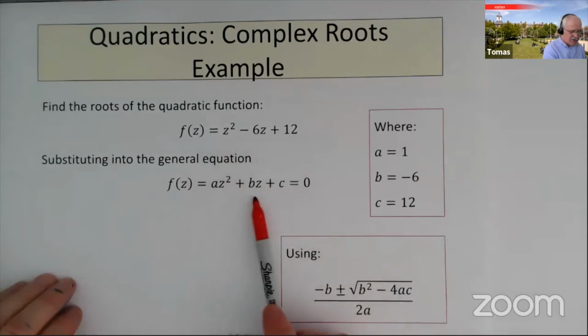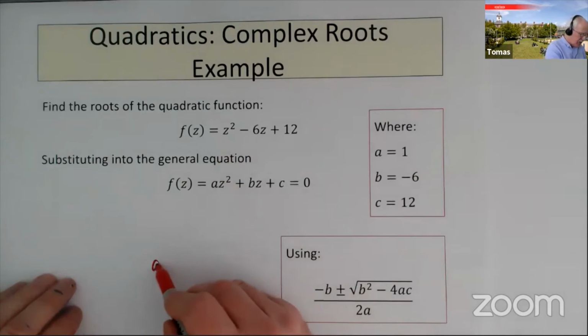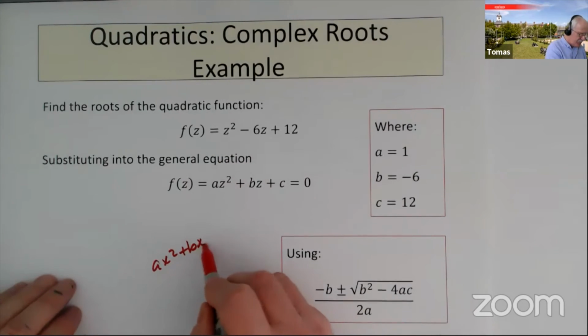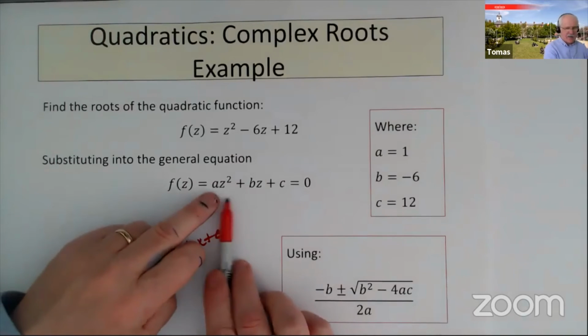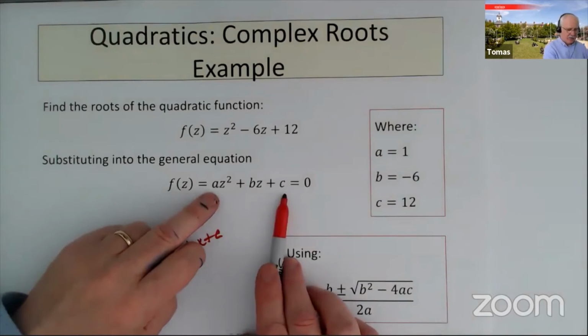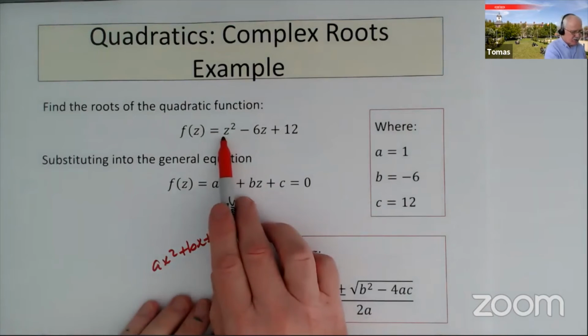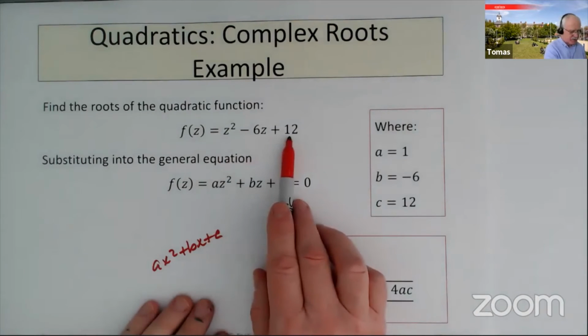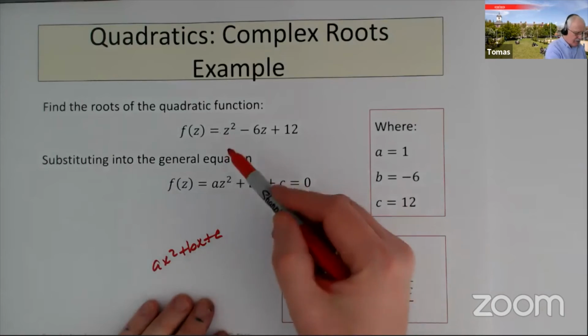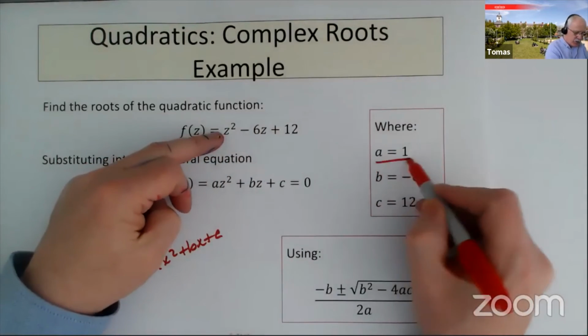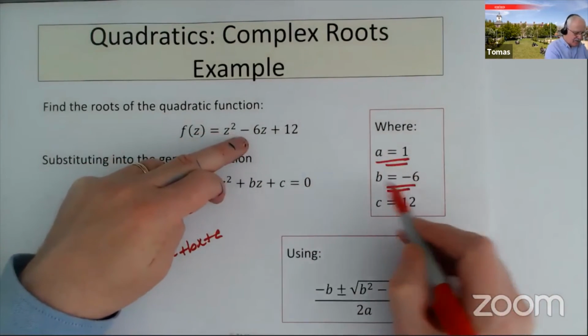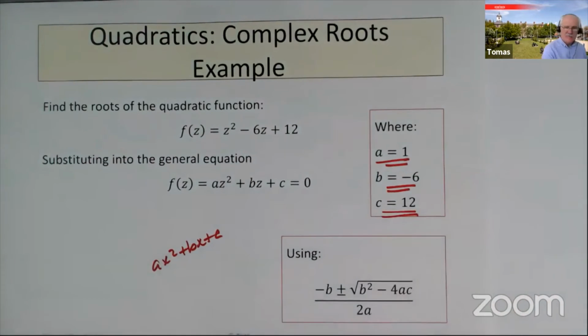Well, it's exactly the same as before, ax squared plus bx plus c, but I'm using az squared plus bz plus c. So that's the function, z squared minus 6z plus 12. I write down a, the first number is 1, b is minus 6, and c is 12.